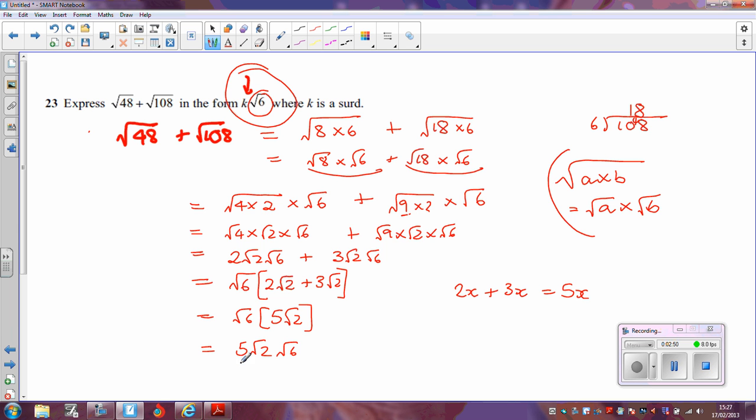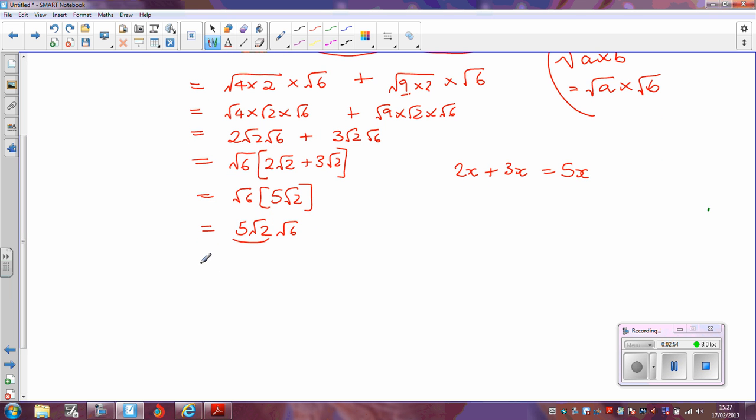I'm not quite there because this is my k, but k has to be a surd, and 5 root 2 isn't just a surd as it is. But if I think of 5 root 2 as the square root of 25 times the square root of 2, because the square root of 25 is 5, multiplied by root 6, and then I'm going to put these together as the square root of 25 times 2 times root 6.